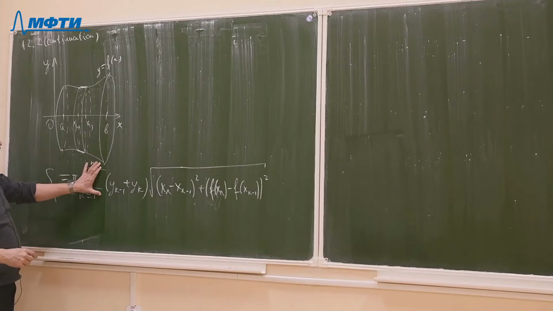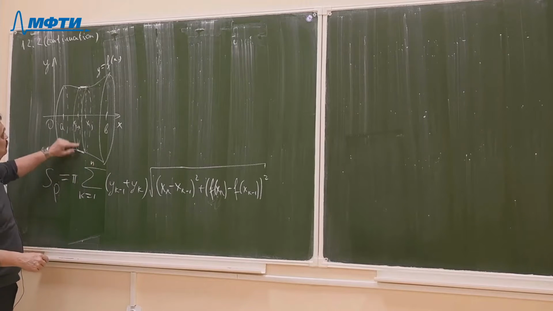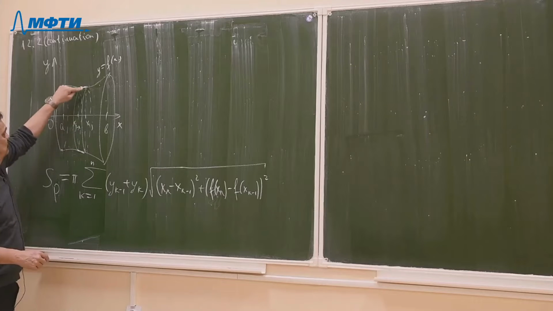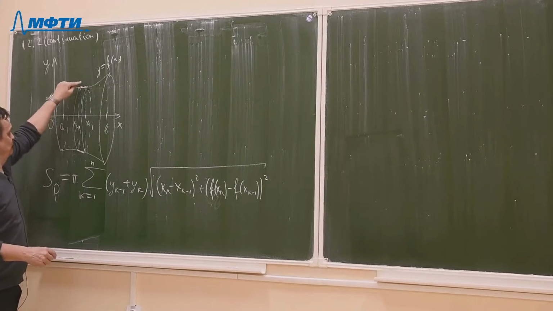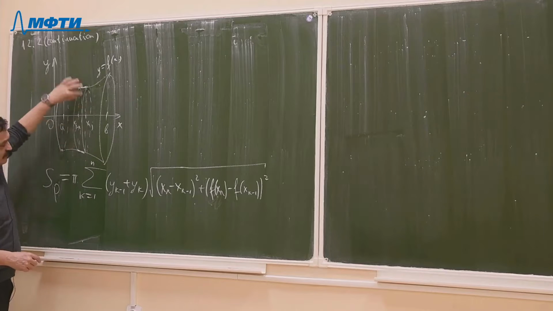So one term in that sum is the area of the surface of this thin frustum.